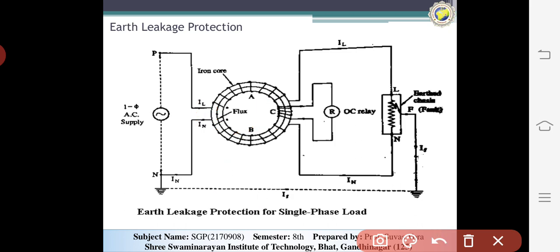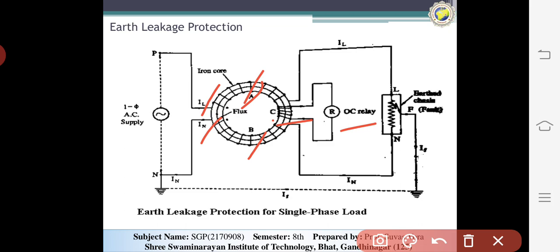In the simplest form, the two cores are connected, one to the live and another to the neutral. In the normal condition, IL and IN are the same, so they cancel each other and no fault current occurs in the other coil.